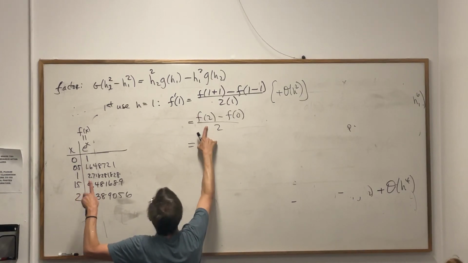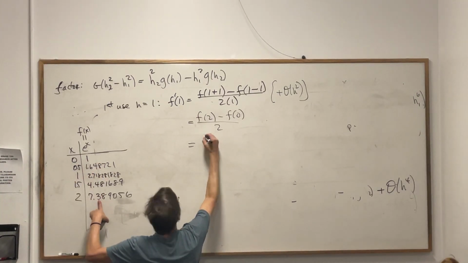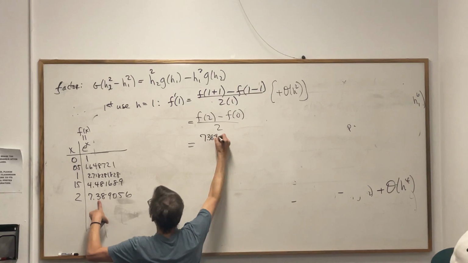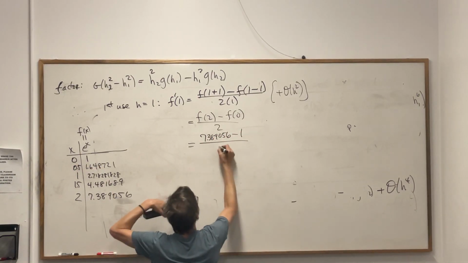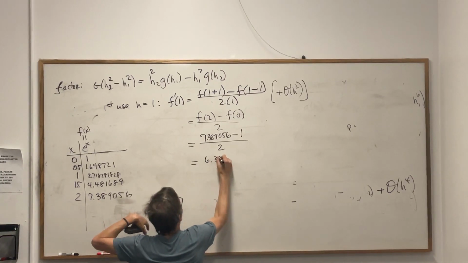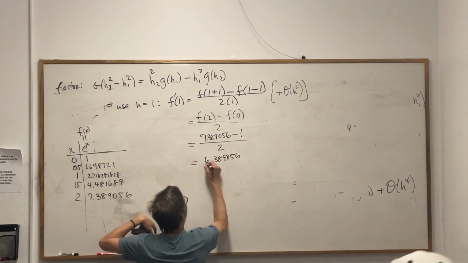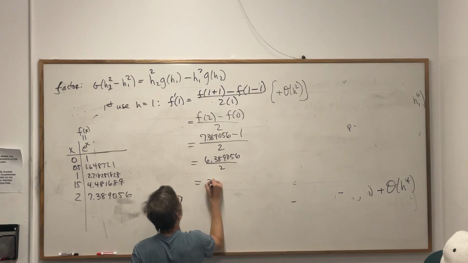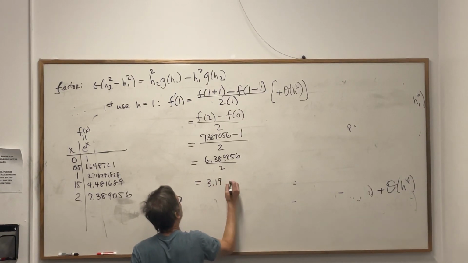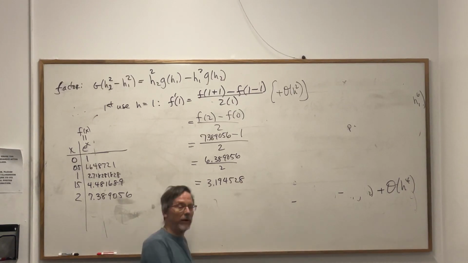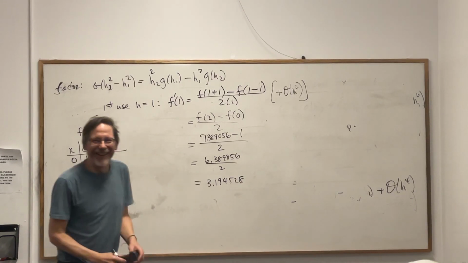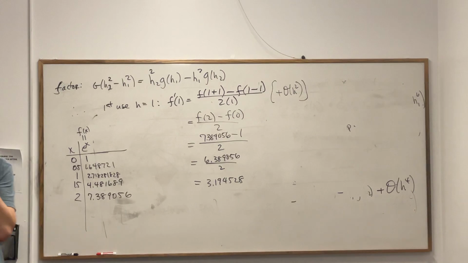So this is 7.389056 minus e at 1, which is 6.389056 divided by 2. Did I do it? Does that check out on a calculator, or is there something weird? Yeah.